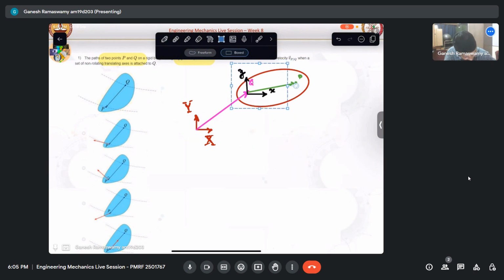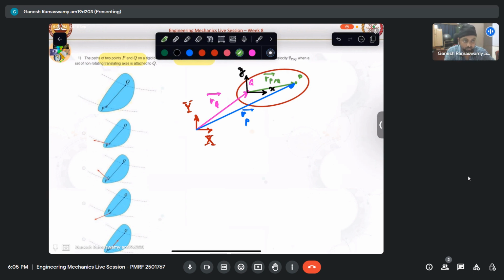Okay, so I have attached this now to that point q, and I look at the position vector of p. So this is essentially rp, and I have this as rq, and this green one is rp as seen by q.